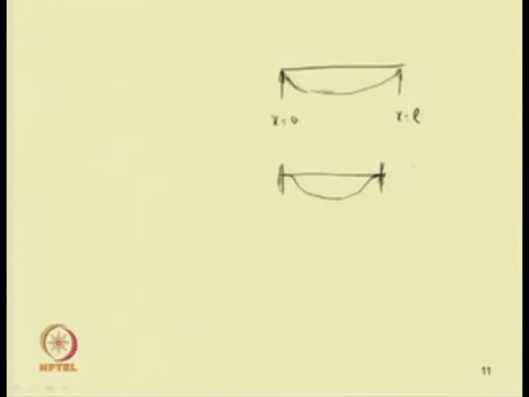Similarly, for the clamped beam, for this fixed beam, both displacement and slope are 0. In the simply supported case, displacement and bending moment are 0. If we write displacement equal to W, then bending moment equals EI del square W by del x square.